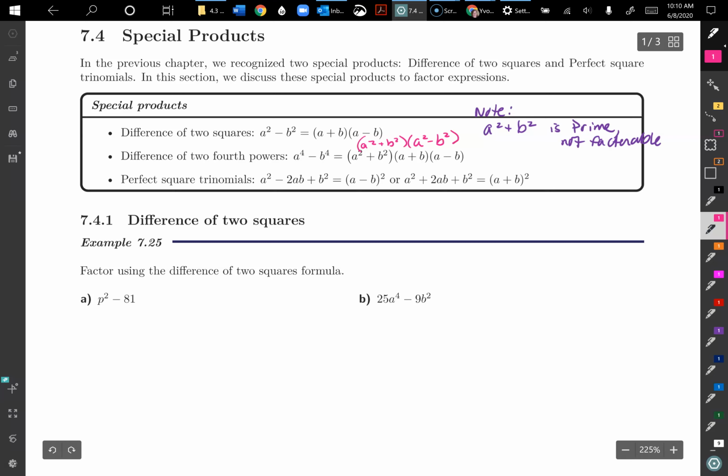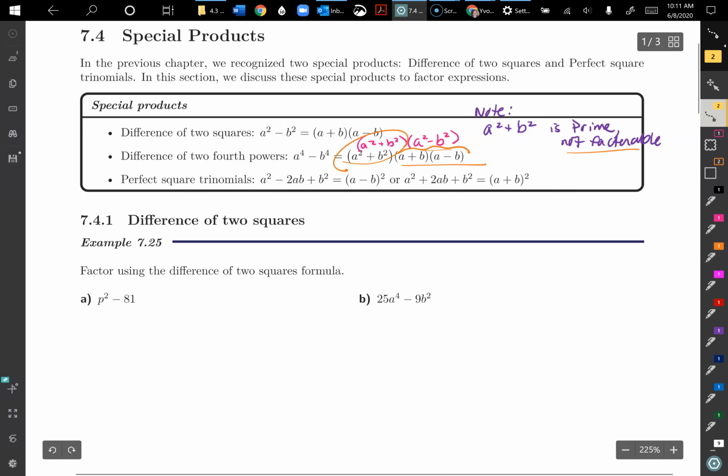But then that a squared minus b squared breaks down again using the difference of two squares format, a plus b times quantity a minus b. And I would say that's a pretty common mistake that people don't continue on and then factor again. Now leave this one, it can't be factored as we talked about, just leave it, rewrite it. But the a squared minus b squared right here, for sure, that can be factored.